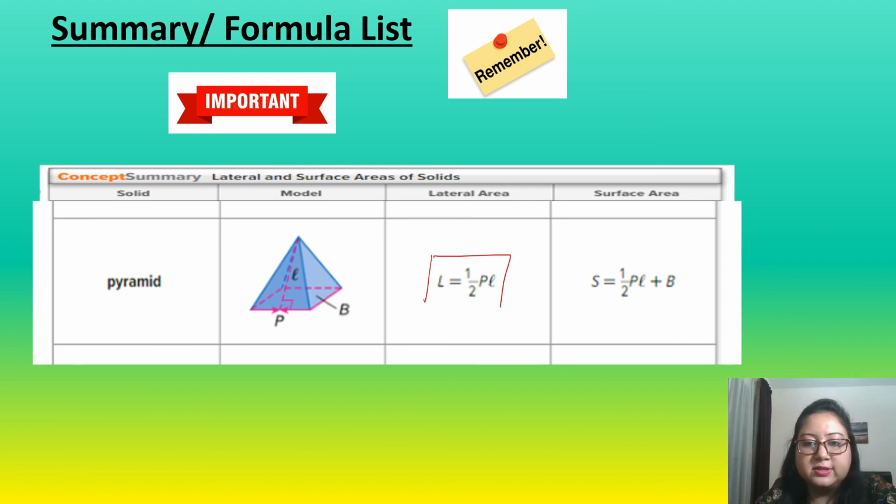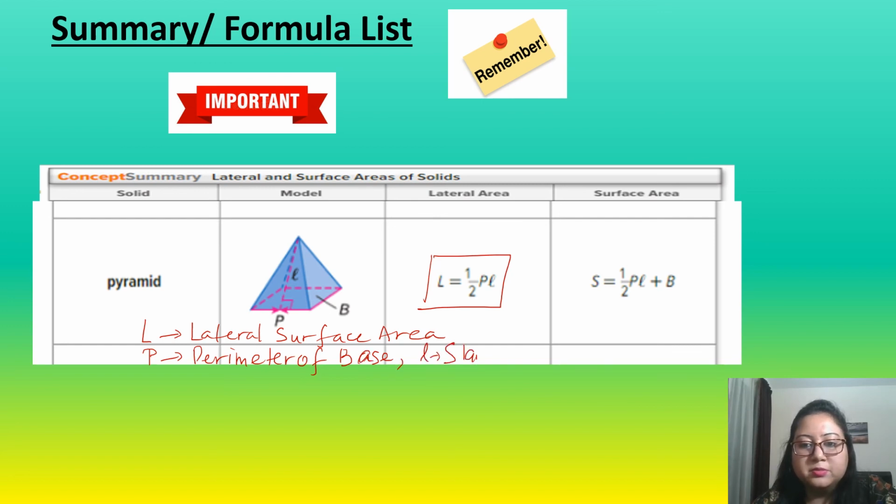The first one is capital L equals 1 by 2 P times l, where L is the lateral surface area or the lateral area, capital P is the perimeter of the base, and l is the slant height of the pyramid. So that was about lateral surface area.